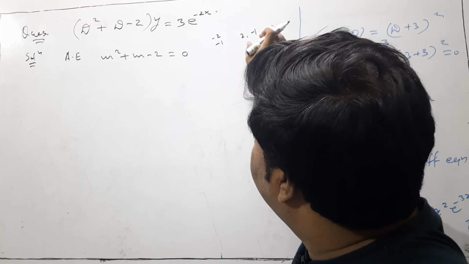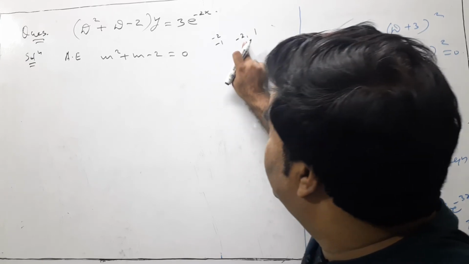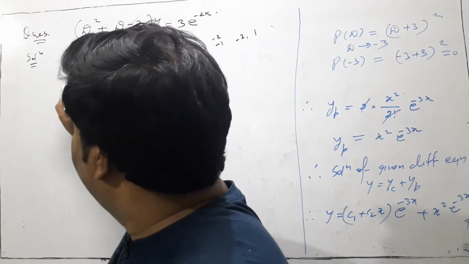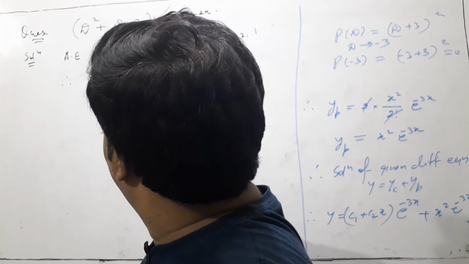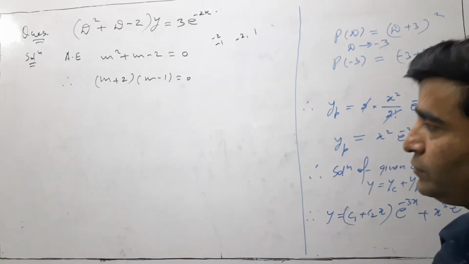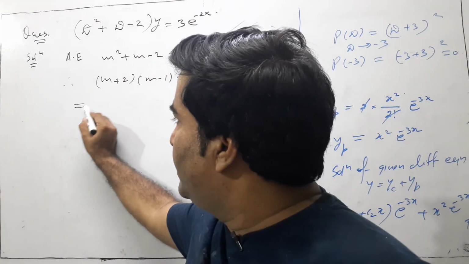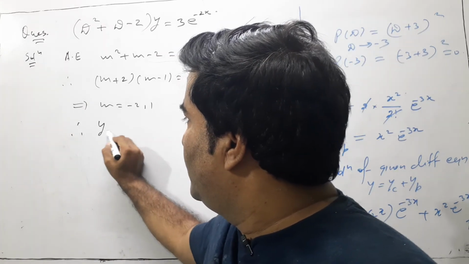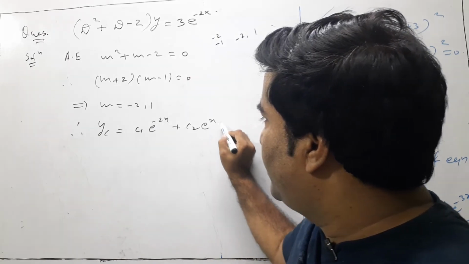The sum is minus 1 and the product is minus 2. Okay, here we have the factor (m + 2)(m - 1) is equal to 0. You can check by multiplying. We have this equation. So here we have 2 roots, minus 2 and 1. Therefore the complementary function is c1 e^(-2x) plus c2 e^x.